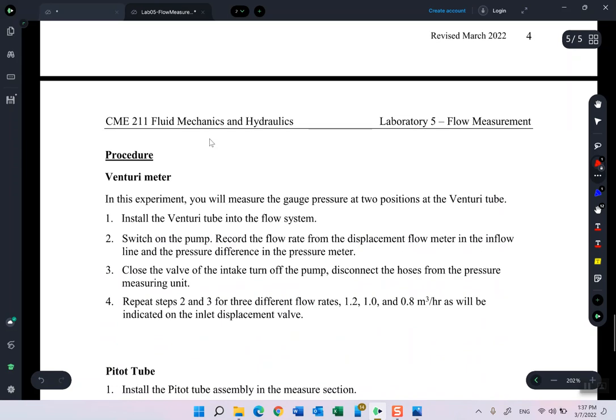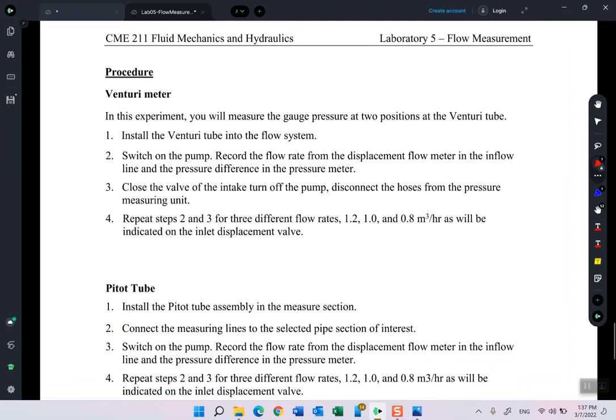So let's take a look at the procedures of the experiment. Again, we have 3 experiments, one for each device. The procedures are the same. There is no difference between them. I will start by installing the device, the Venturi tube or the nozzle meter. Then I will switch on the pump so I can allow water to pass through the system.